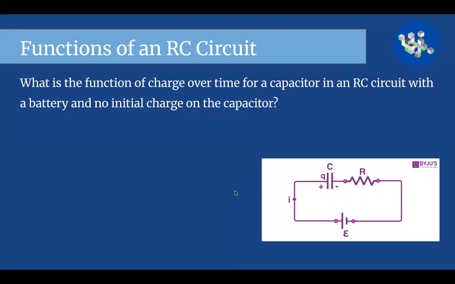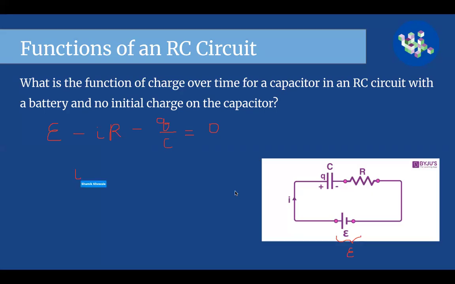Yeah, I think we'll go over this now. We're going to write the voltage loop rule in the same exact way, except now we do have this voltage epsilon. We can say that epsilon minus IR, voltage across the resistor, minus Q over C, which is the voltage across the capacitor, equals 0.